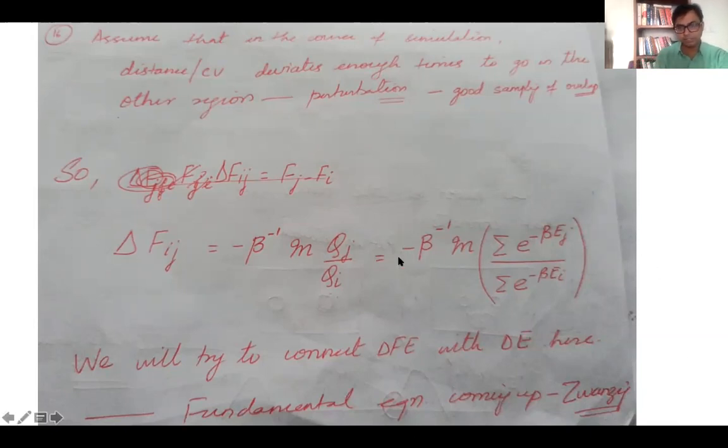So we'll do some algebra here and come to the fundamental equation of how the delta Fij is connected to the difference in the two states. The difference in the two energies is easy to calculate, but there are certain caveats you have to be careful about. So the system is set up such that you can simulate the system in a state I, and you make a claim that there will be states visited by the system which the state J will also visit.